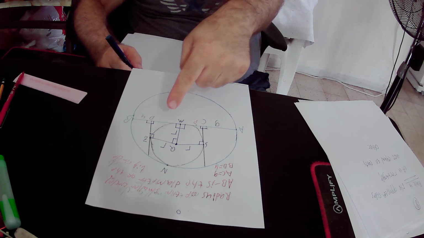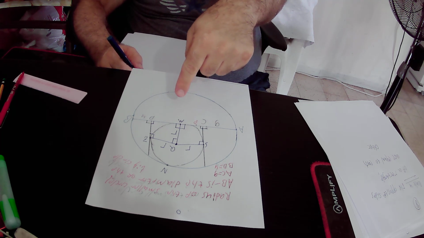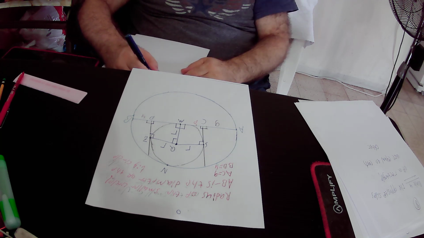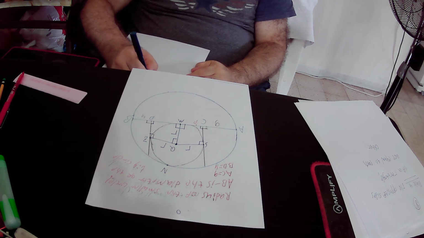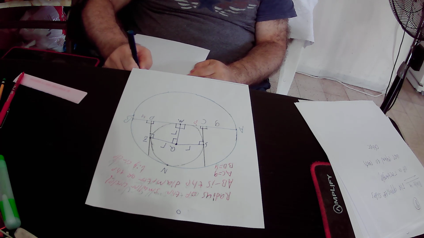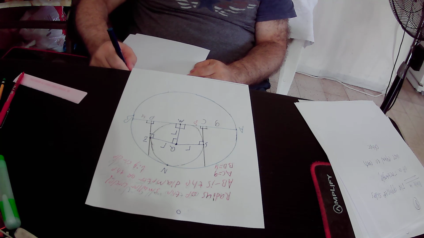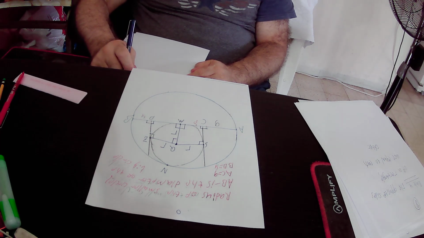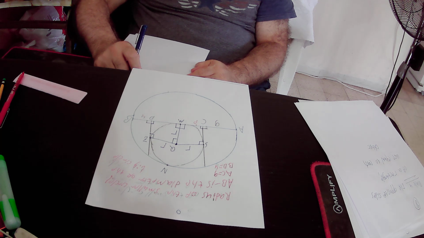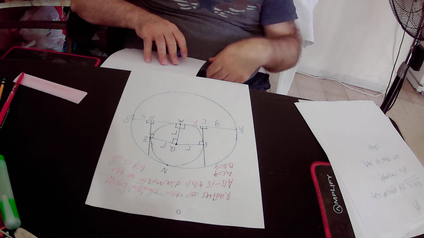That is to say, QZ is equal to MD. QZ is equal to MD according to rule number 4 that states that the opposite sides of a rectangle are equal to each other.